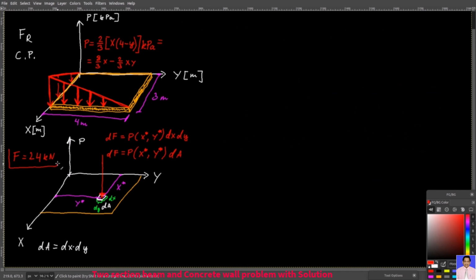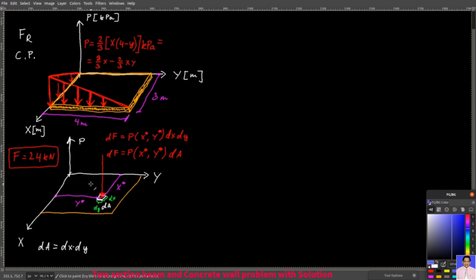Once we have our total force, we have to calculate the total moment due to this distribution about the x-axis and the y-axis. So let's do that. Again, on this plate you have your differential area, dA. It experiences a differential force element, and that's why you get the total force when you integrate across the area. You sum up all the dFs.